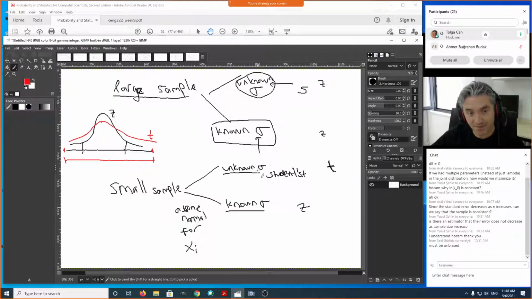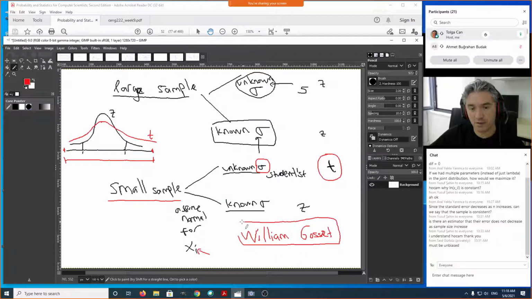In that case, we may be making more errors. Therefore, if we don't know the individual standard deviations of the data points and we have a small sample, we are going to be using a different distribution. And this one comes from a practical problem of quality control in brewing, at the Guinness brewery. William Gosset was the person who came up with the Student's t distribution.